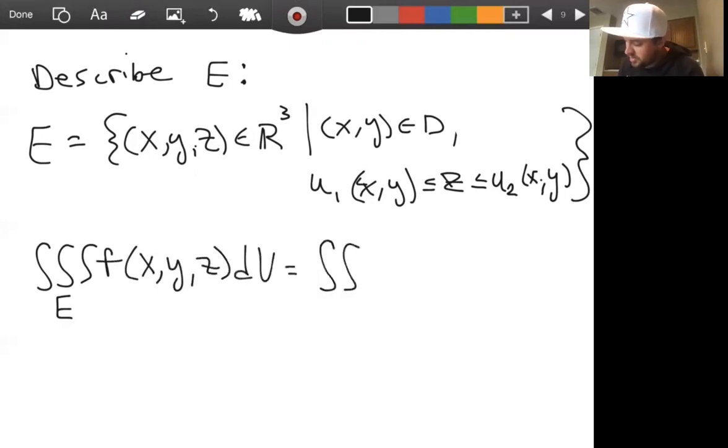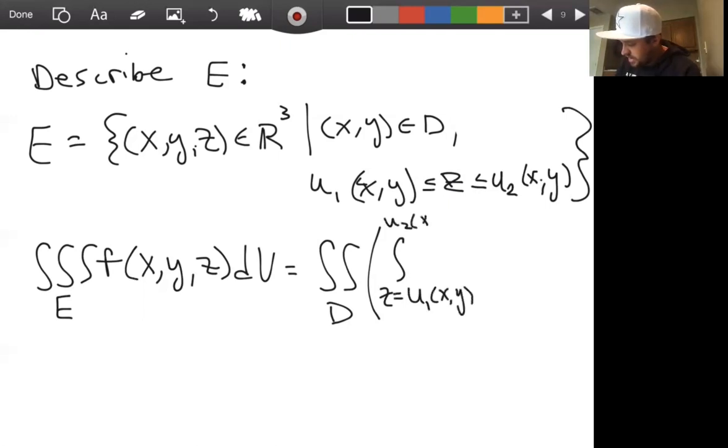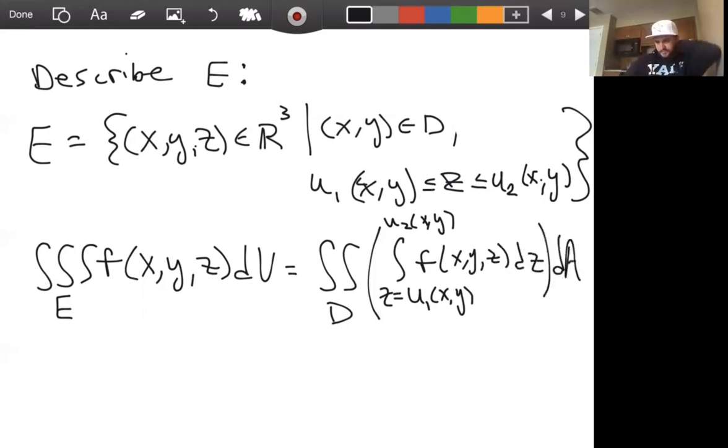Then this can be the double integral over the region D, and then the integral where z goes from u1 of xy to u2 of xy, and then we'll integrate first with respect to z, and then here we have dA, right? And so this gives us a way to integrate over a generalized region where, again, the z bounds can be functions of the variables x and y here.